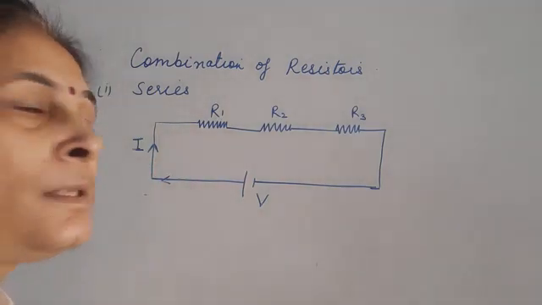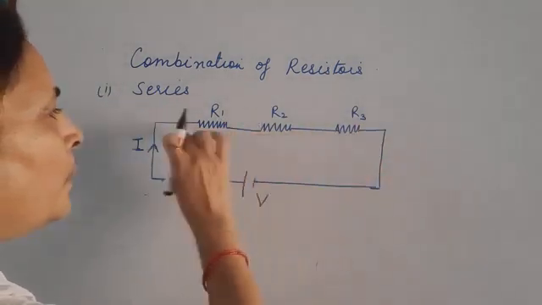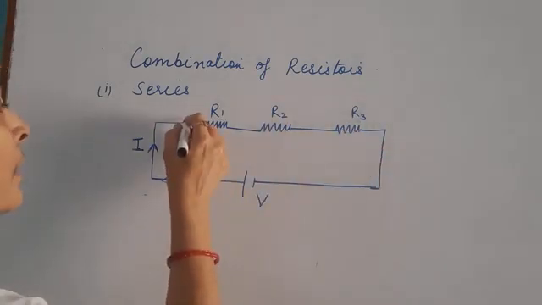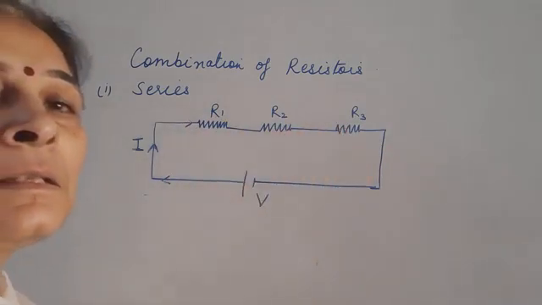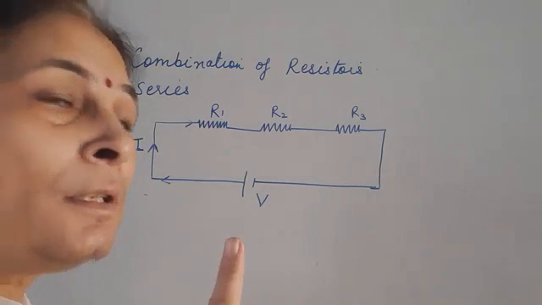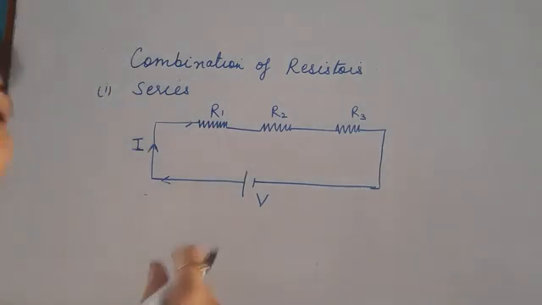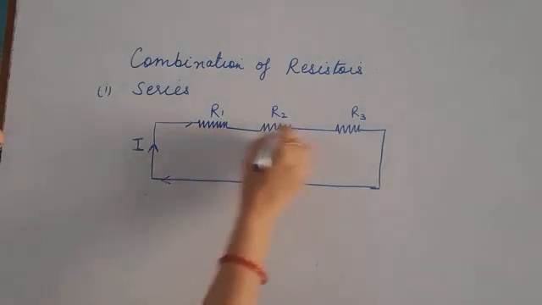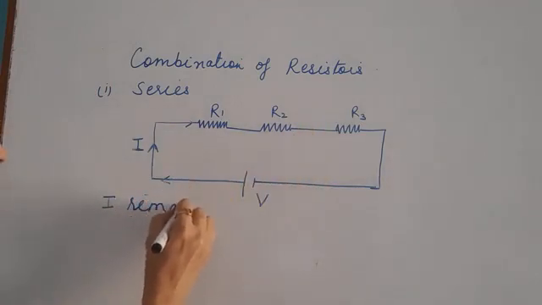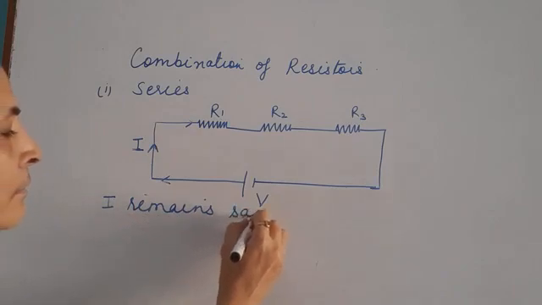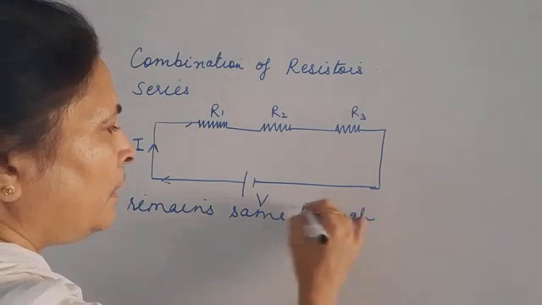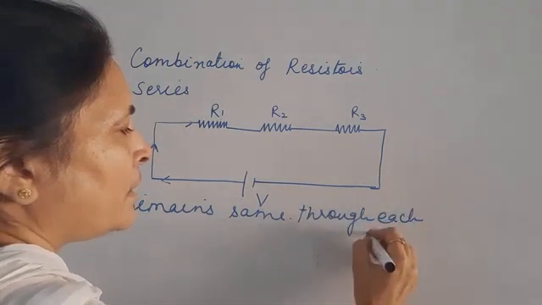As you can see, there is only one pathway where current can move. So current is going to remain the same in all three resistors. This is the first condition which you shall remember: in series combination, current remains the same through each resistor.